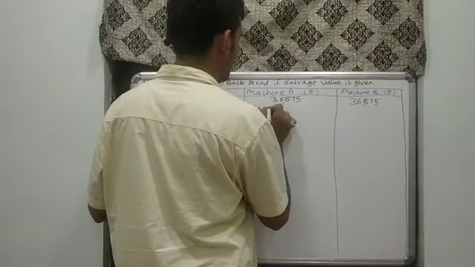Here 7375 into 100 divided by 28,063. We have to simplify it. For machine A, it is 27.70%. For machine B, it is 26.28%. This is it for this question.